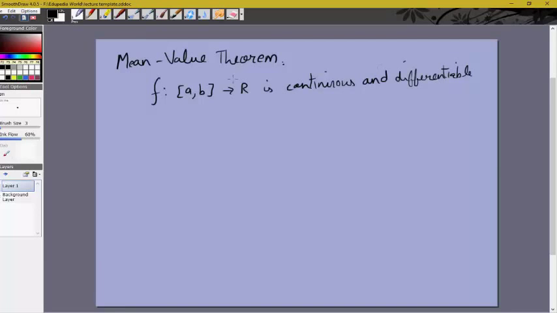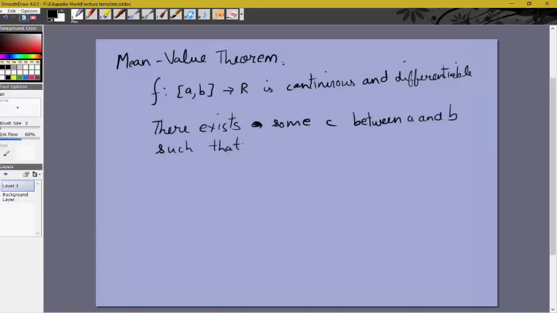It is quite simply, there always exists some c between a and b such that f'(c) is equal to f(b) minus f(a) divided by b minus a.